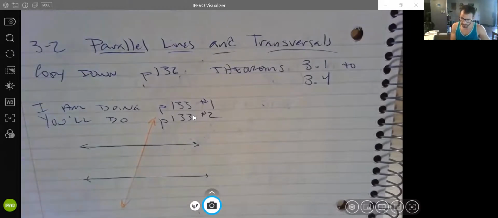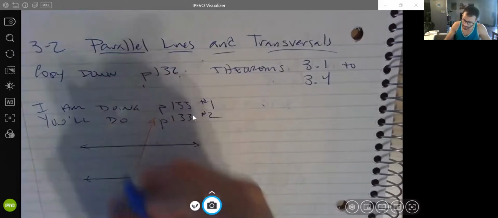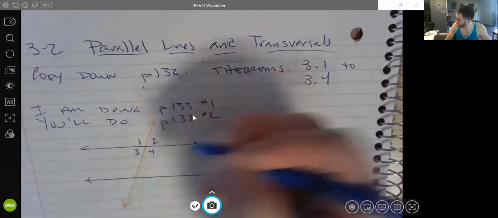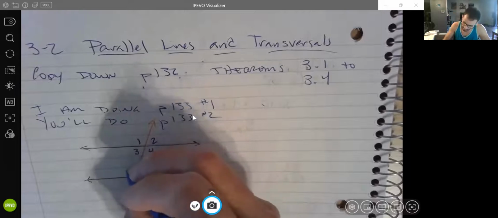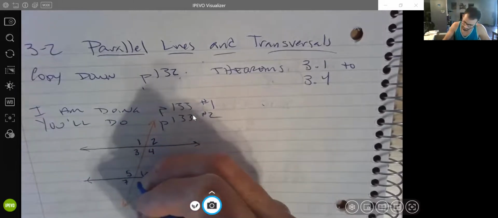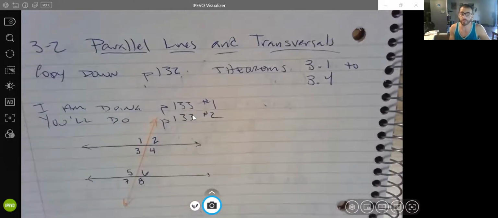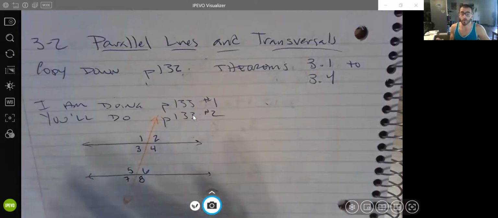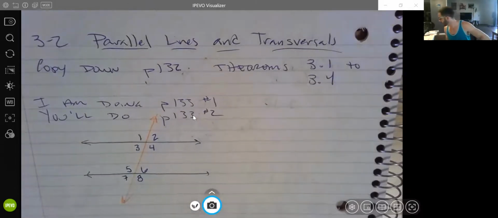Now, you can see in the book, they numbered the angles like so. This is next to those theorems. So let's go ahead and just identify the angles that go with the different theorems, okay?